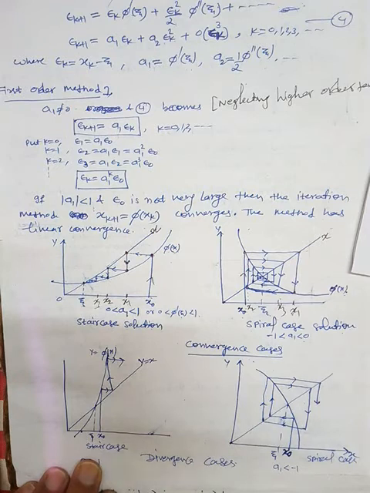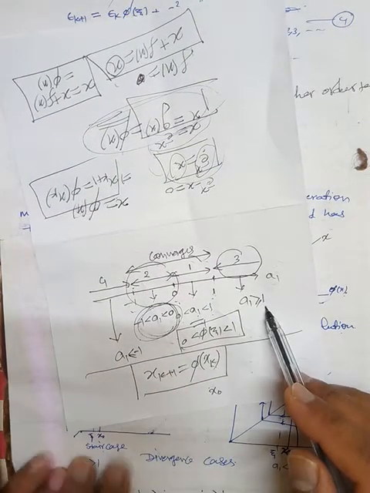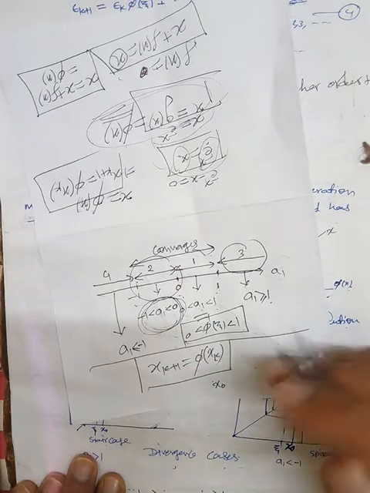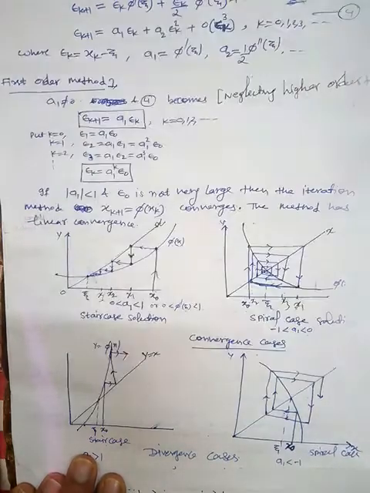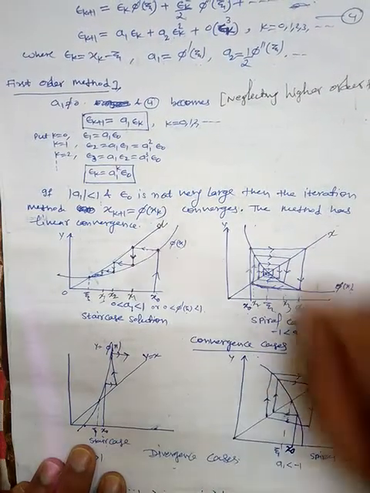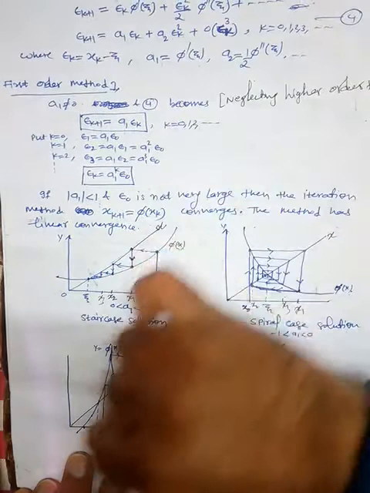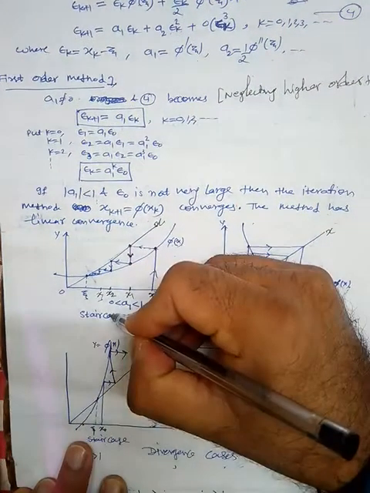Okay. Now the third one. When you are opting for the third one, if your a1 is greater than 1, that means strongly or strictly increasing. That's why we are having almost the same type of pattern, but strictly increasing, with a higher slope. That's why we have selected this as a curve.